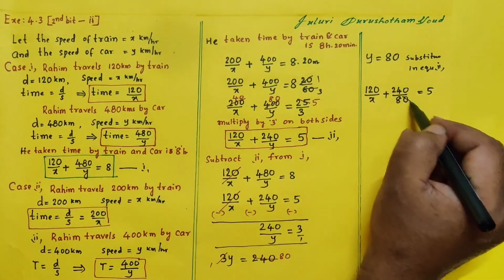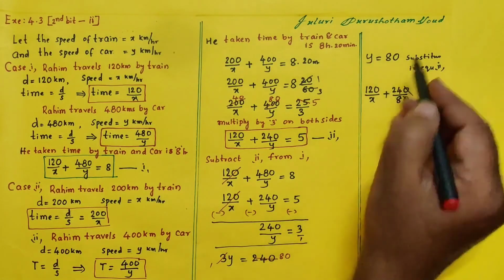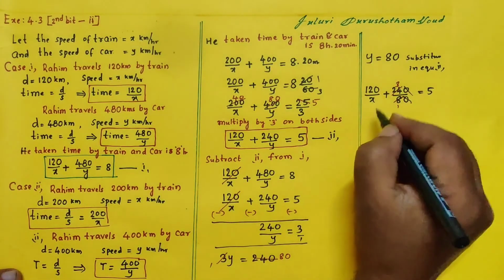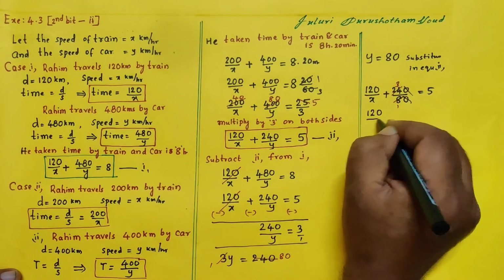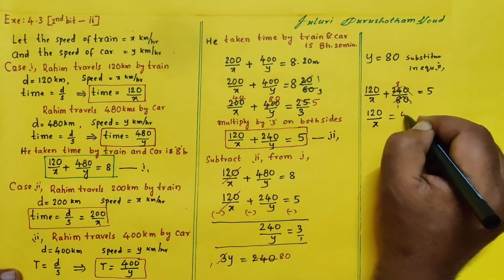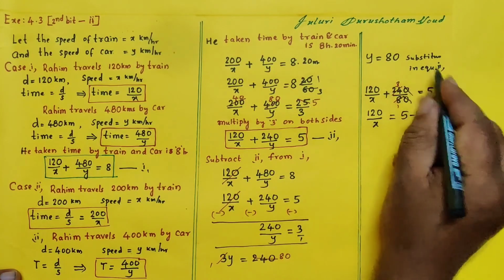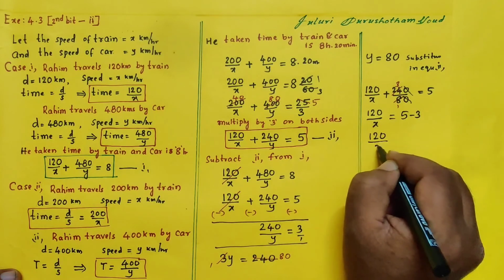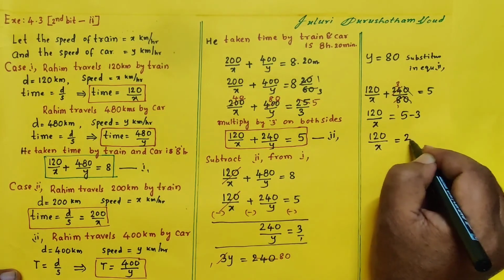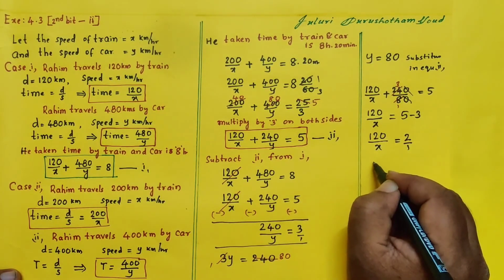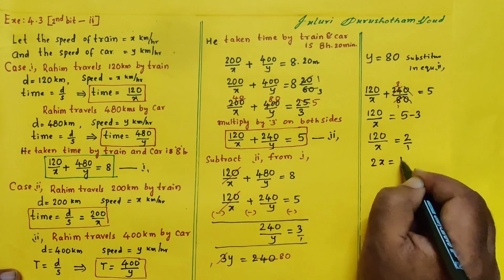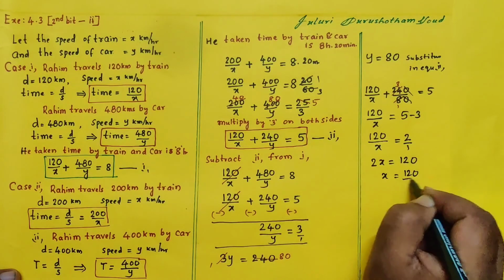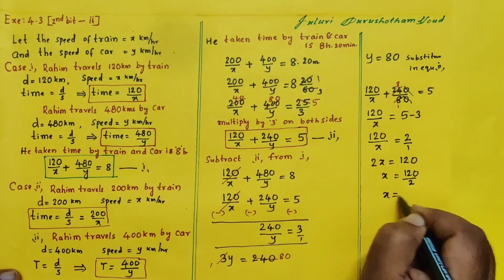Here the zeros cancel, 8 threes are 24, so 240 by 80 is 3. So 120 by x is equal to 5 minus 3, shift the 3 to that side. So 120 by x is equal to 2. If you do the cross multiplication, 2x is equal to 120. Then x is equal to 120 by 2, that is x is equal to 60.